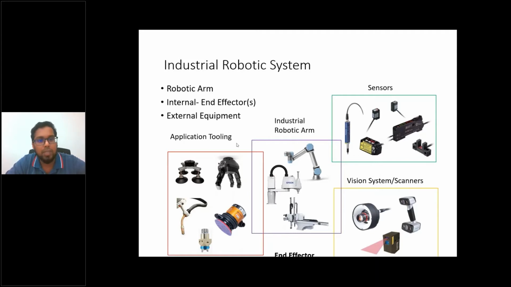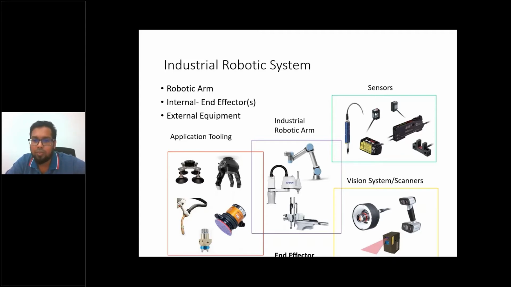So we have application tooling. It depends on the application. Let's say you need a gripper or vacuum to pick parts. This is mostly for part handling. Then you might have a welding tool, or a rotary tool, such as for grinding, screw driving, or buffing. And in some cases you need a special spraying tool mounted on the robot. On top of that, you also need sensors to support the application.